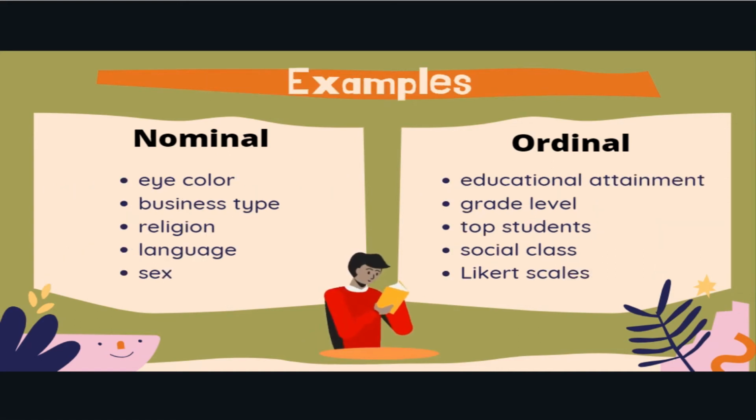Common examples of nominal variable include eye color, business type, religion, and language. A subtype of nominal scale with only two categories, just like sex, for example male or female, is known as dichotomous.